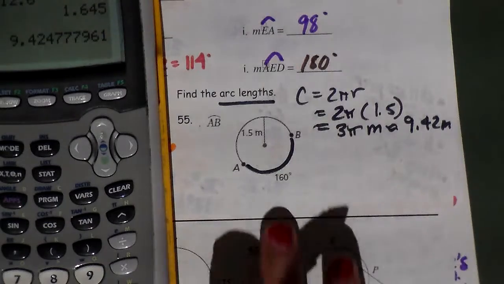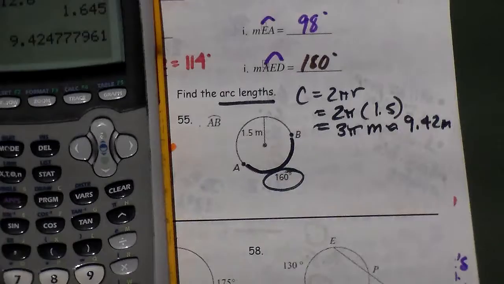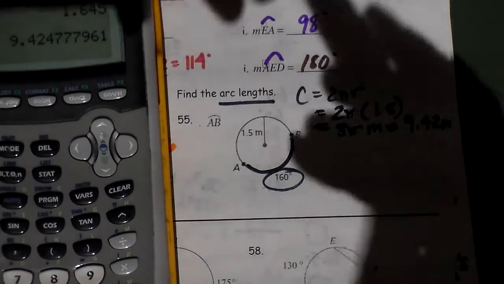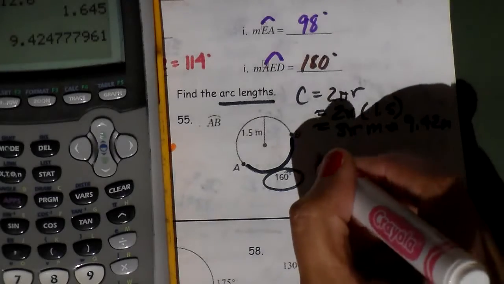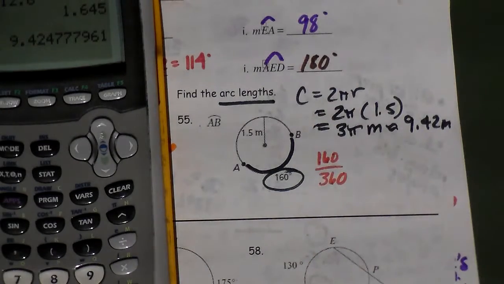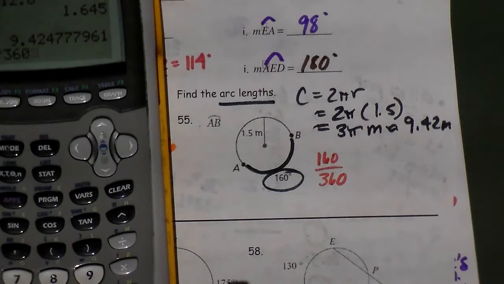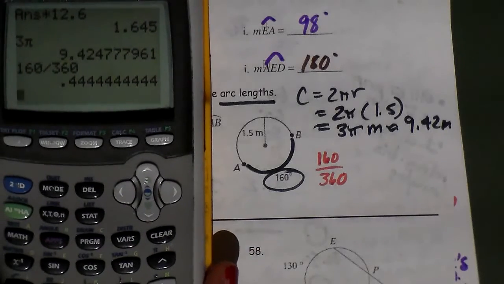Well, how much of the circumference does AB take up? 160. So AB takes up 160, and I'll use a different color so we don't get confused. AB takes up 160 out of the 360. If I do 160 divided by 360, that gives me roughly 44%. 44% if you can see it, okay?